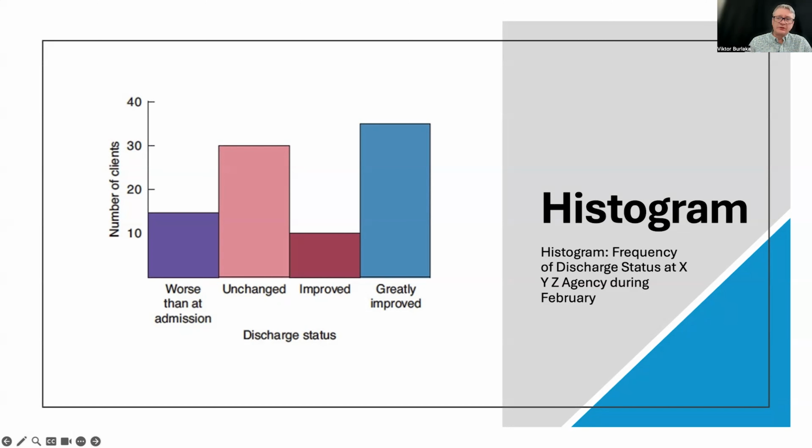Histograms are great for showing the frequency of outcomes, which helps us understand how well our program or service is working. For example, if most clients are showing improvement, we know that the program is likely effective. On the other hand, if many clients are being discharged without improvement, it might be a sign that the program needs to be adjusted. Histograms help us quickly identify those patterns.